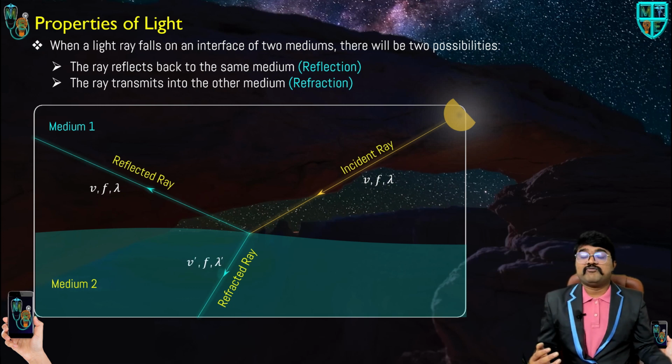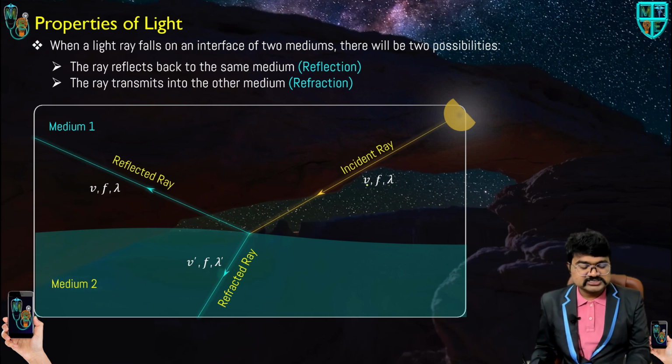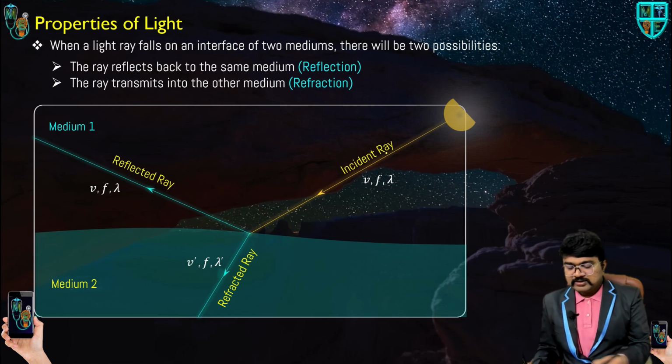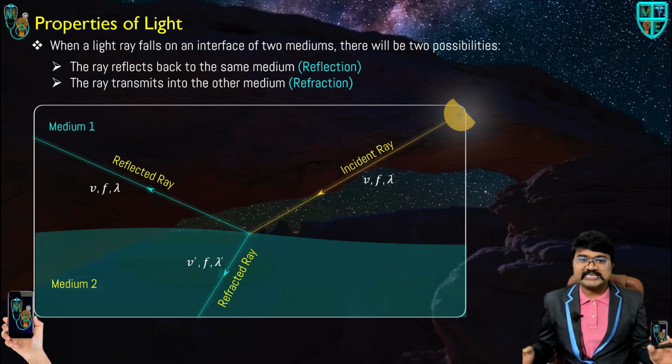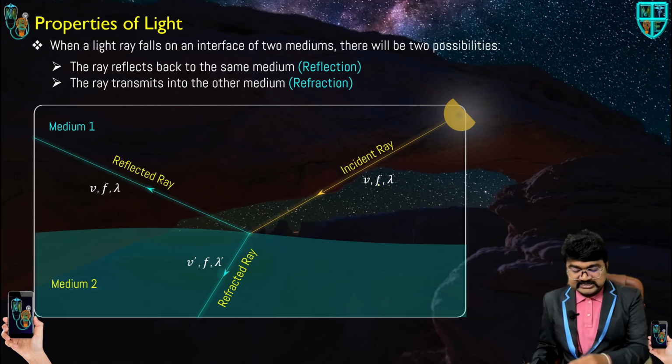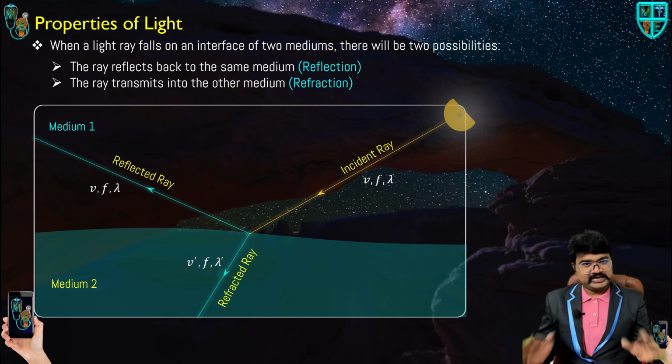Because of that, the velocity and wavelength of the refracted light will be different. Understood? The velocity of the incident ray and the velocity of the reflected ray will both be the same. Frequency is the same for all the rays.